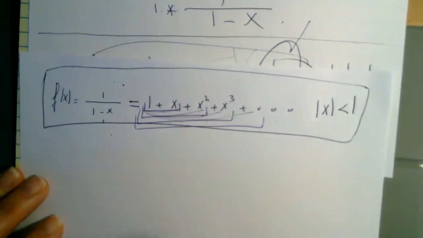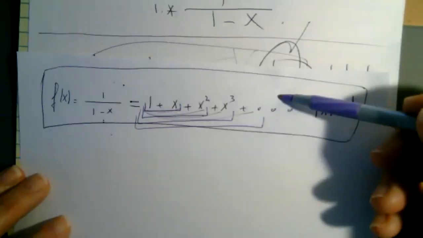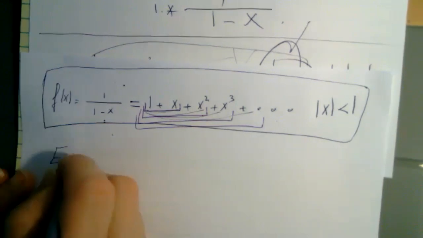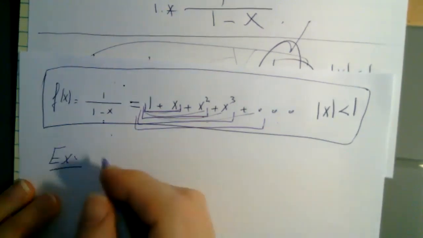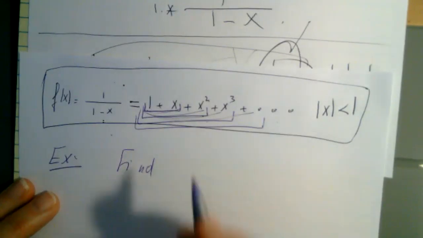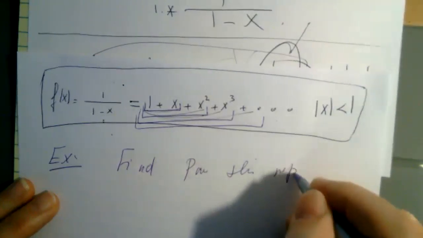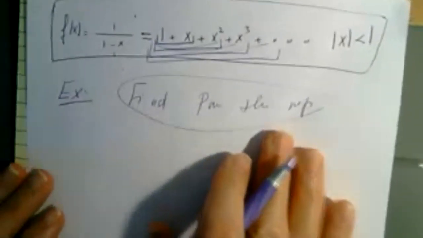Today we're going to basically drill ourselves in how we find power series of certain functions by relating them to this one. So my first example is going to be the following. Find the power series representation of the following function.